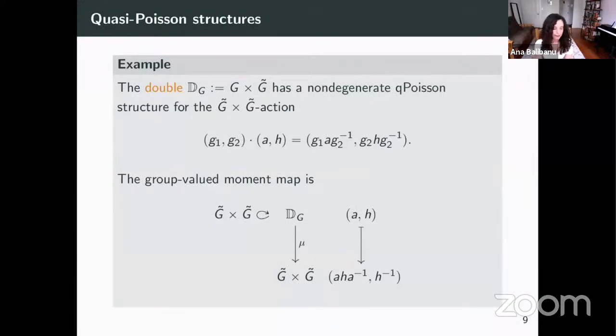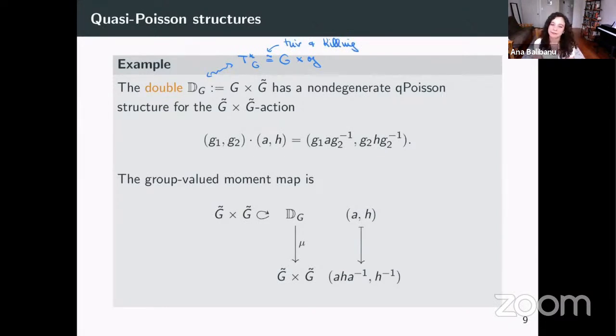So if we thought of G tilde as being a multiplicative analog of the KKS Poisson structure on the Lie algebra, then we should think of this double as being a multiplicative analog of the cotangent bundle of G, which I can identify with G cross Lie algebra via left trivialization and the Killing form.